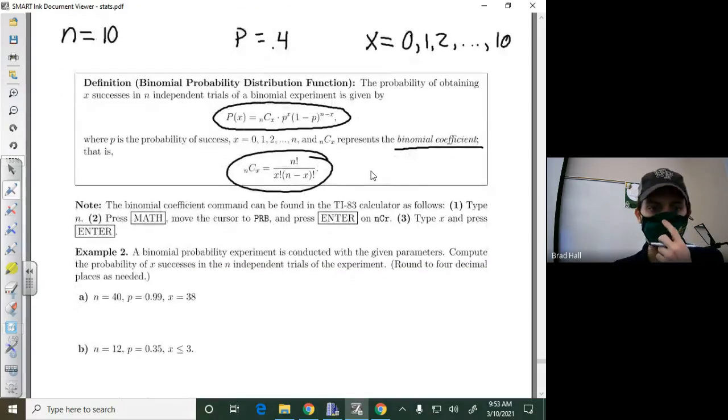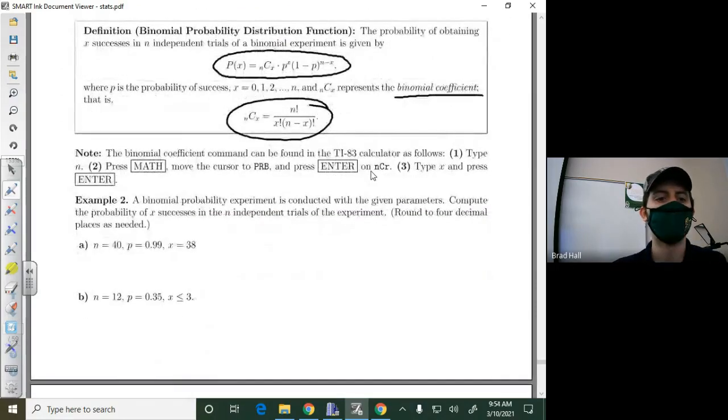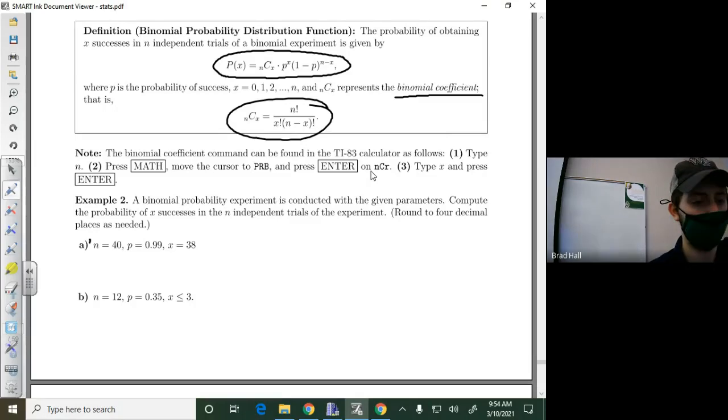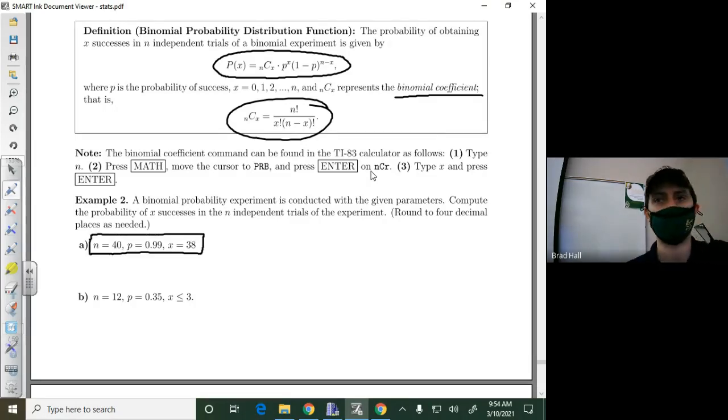So we're going to scroll all the way down to example 2 here. A binomial probability experiment is conducted, and they gave us these parameters. So notice in part A, they're telling us what these values are.